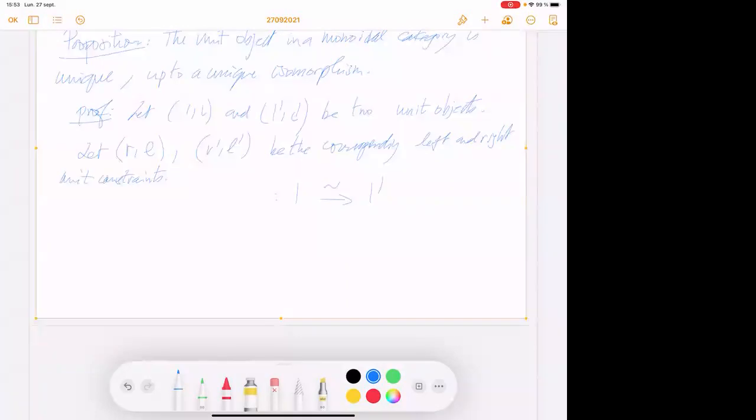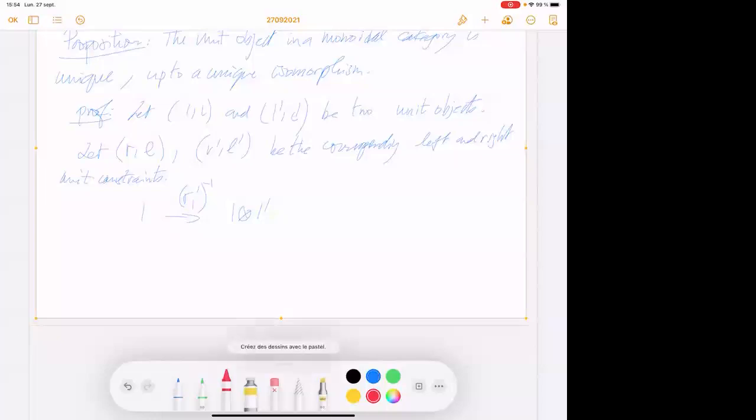In fact, it suffices to do like that. So if you start from 1, you can go to 1 tensor 1 prime if you apply the inverse of, it's a bit tricky. Anyway.